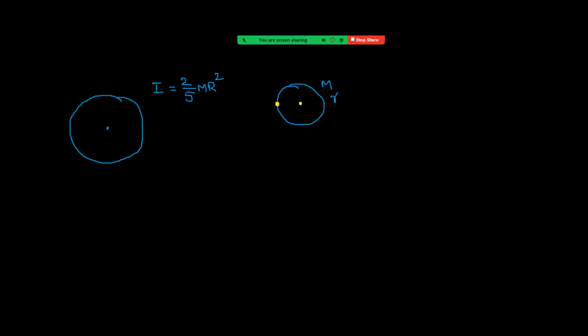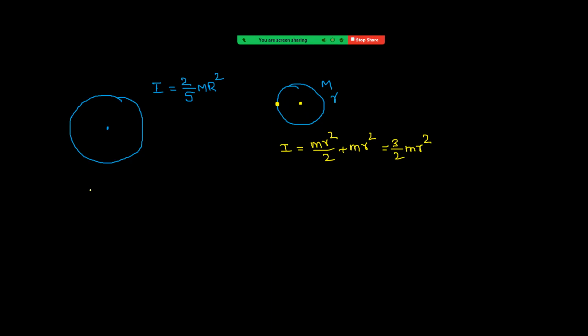So I equals Mr square by 2 plus Mr square using the parallel axis theorem. It is equal to 3 by 2 Mr square. This is what we discussed in the earlier lectures. Now the condition is that these two are equal.